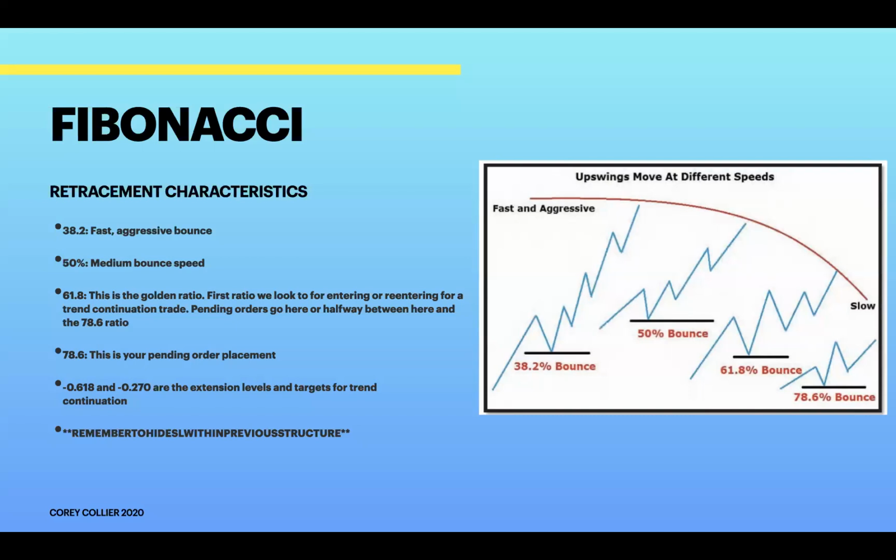Wave 2 is a 618 retracement. Understand that in order for it to get to that next take profit, it's going to take some time because that's a slow bounce. The 786 is even a slower bounce, right? So wave 3 would be like an extended wave. Okay, it's going to move a lot of price, but it's going to be a gradual movement of price.